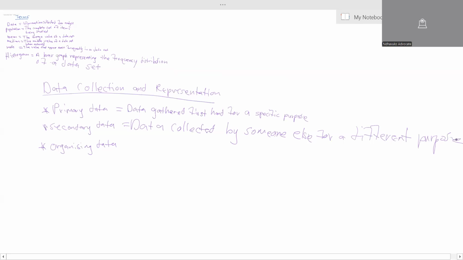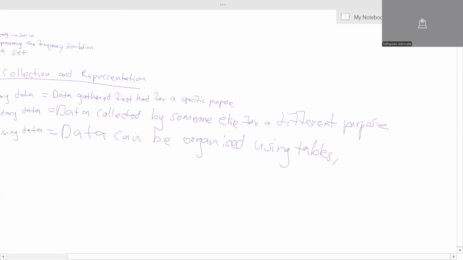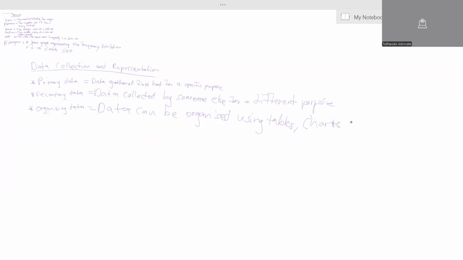So organizing data. This is the information you must know. Data can be organized using tables, charts, and frequency distribution.